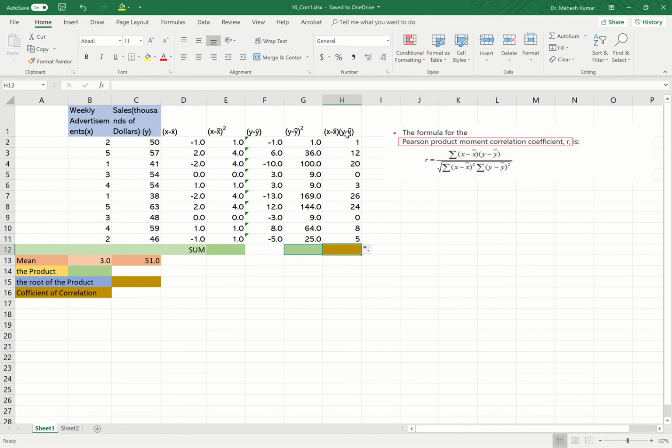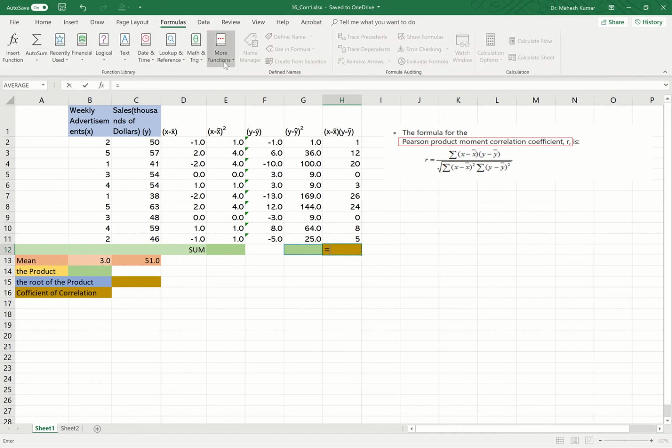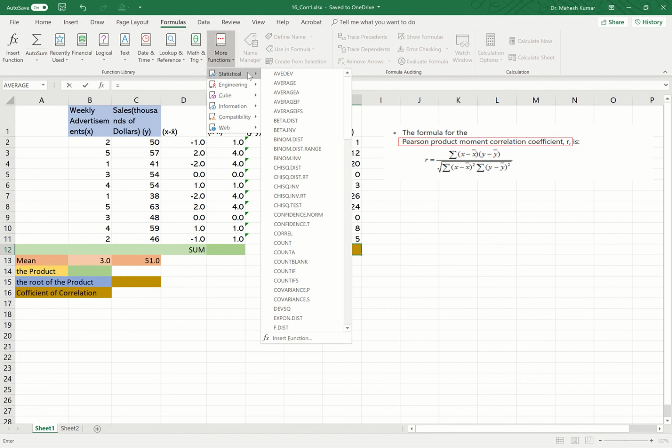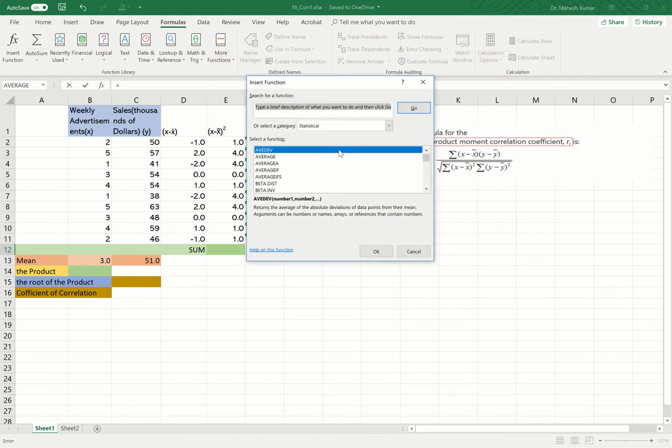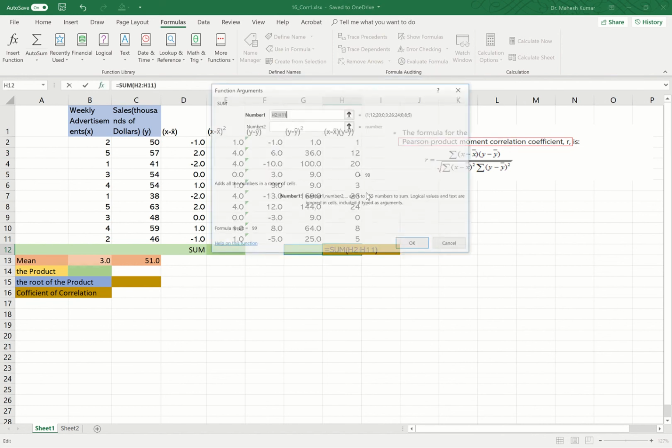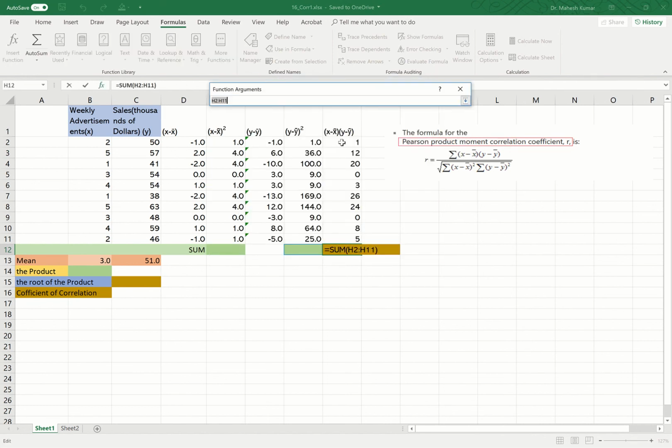x minus x bar times y minus y bar. We need the sum of that. We type equal to, go to formulas, more functions, statistical functions, and then we find the sum and click go. Sum is here, and we take the sum of these values, right?